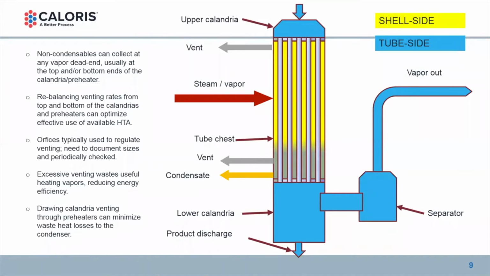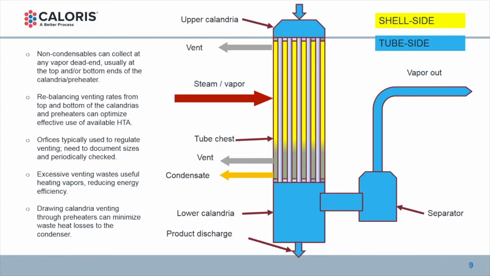Now, sometimes somebody has a calandria they don't think is venting properly, and if you take the orifice out, it'll vent really well. But excessive venting leads to energy loss because you're sucking useful vapors out of the system unnecessarily. That is inefficient.